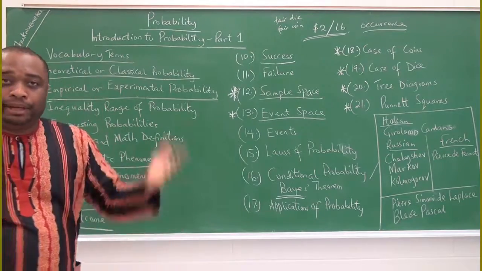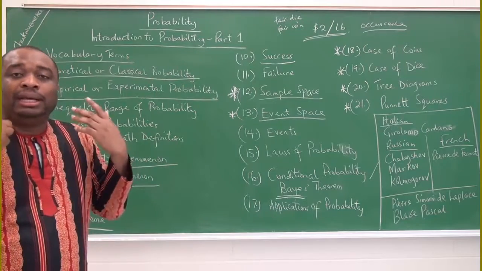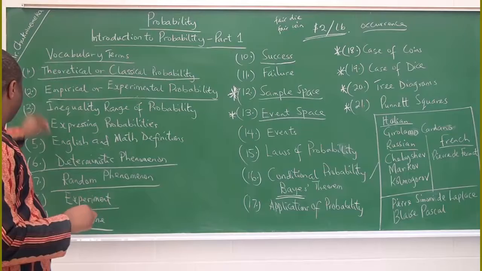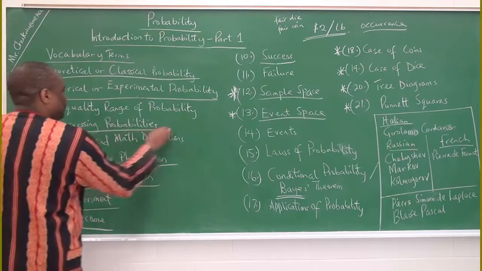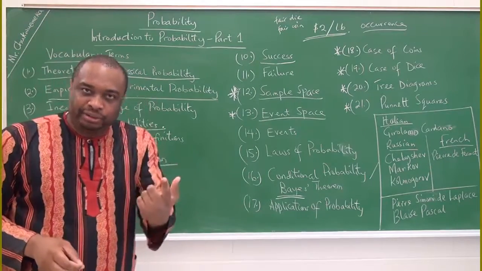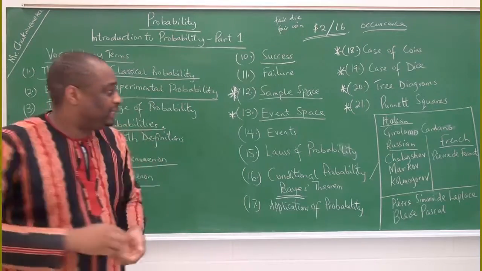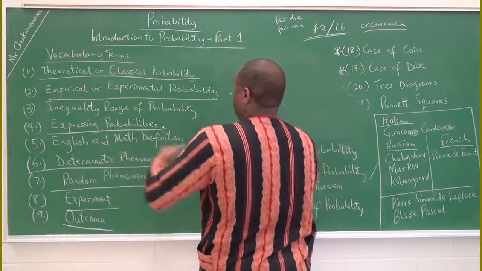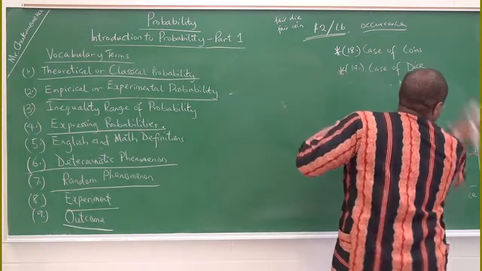You need several experiments in order to determine the probability. We are also going to look at the inequality range of probability, then expressing probability. Probability can be expressed as a fraction, a decimal, or a percentage. Let's look at some.